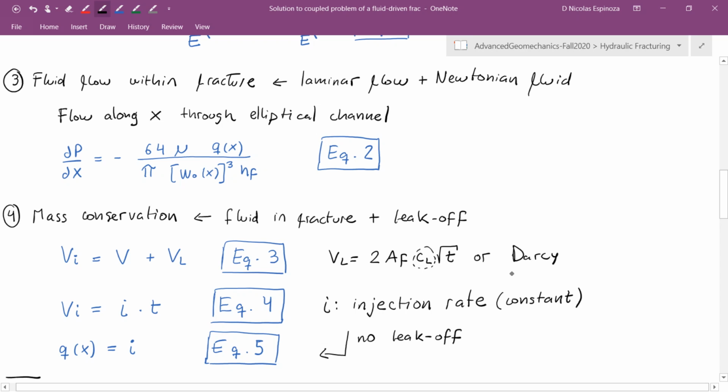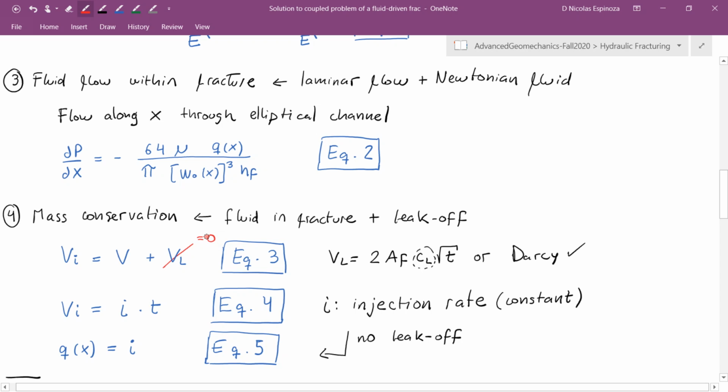Or if you want a rigorous solution, then you just apply Darcy's equation and the material balance, and solve for fluid flow in a porous system, in a porous medium. You could go either way. In this case, we are going to assume that the leak-off is equal to 0, just to make our life easier.